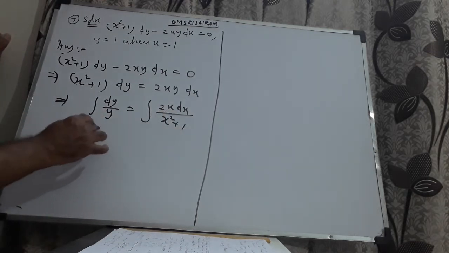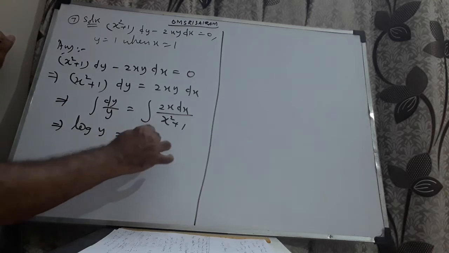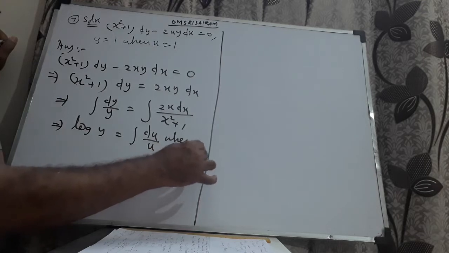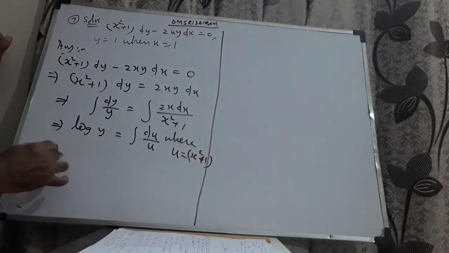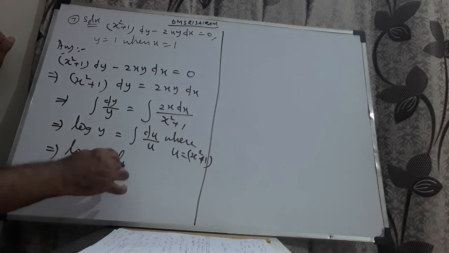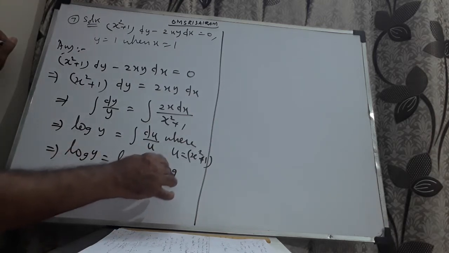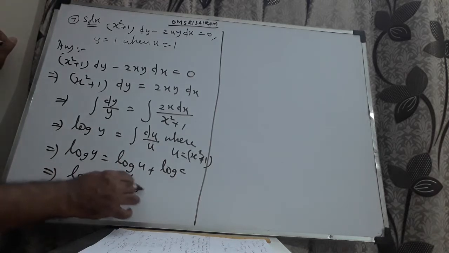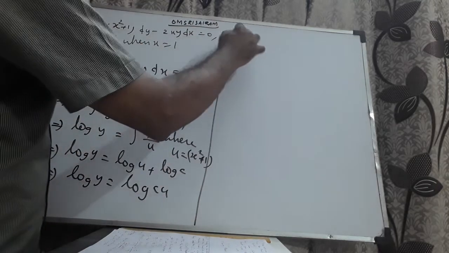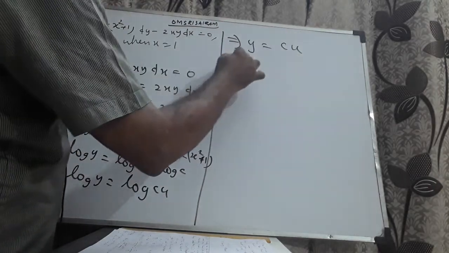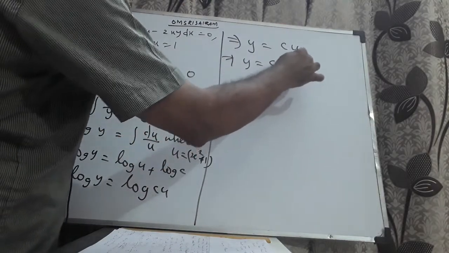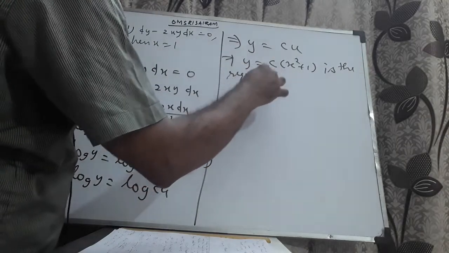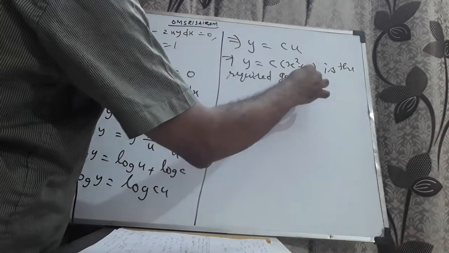This is nothing but log y is equal to integral du by u, where u is the denominator on the right hand side. Therefore, log y is equal to log u plus log c, which implies log y is equal to log cu, which implies y is equal to cu, implies y is equal to c into (x square plus 1). This is the required general solution.